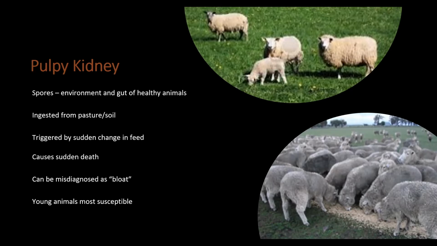The difference is animals with pulpy kidney rot extremely quickly. Within a couple hours of death, you'll notice discoloration of the skin and significant swelling or edema in between the muscle and the skin of the animal. Young animals tend to be the most susceptible. So to prevent that, we look to booster animals a couple of weeks before these challenge events occur.